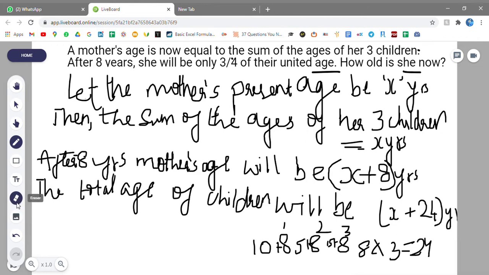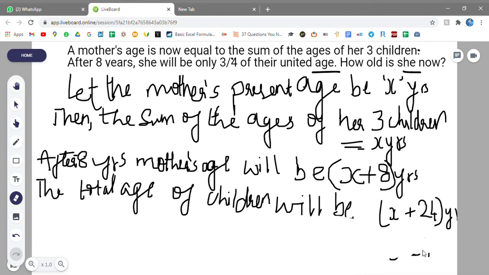Okay, so I'm going to repeat this last part again. After 8 years, the mother's age is going to be x plus 8 years. But the same thing we are supposed to understand with the children's age also. So the total age of children will be x plus 24. How did we get 24? 8 years for each child.